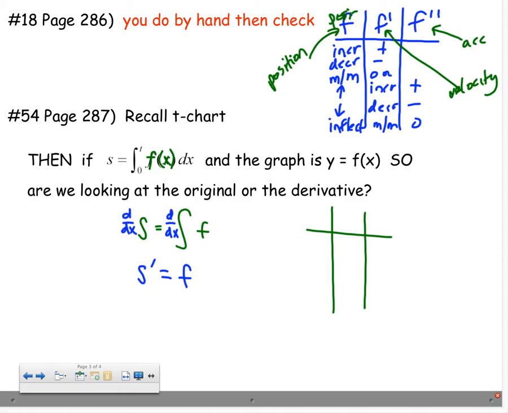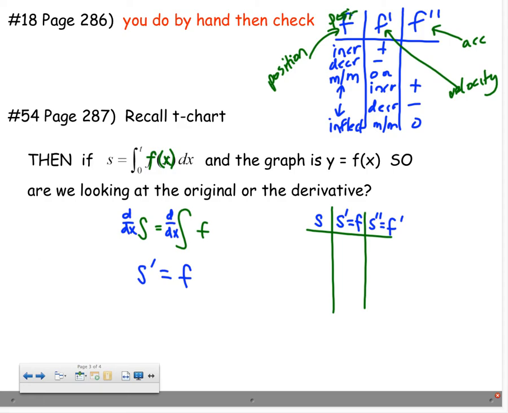So what is the relationship here? S prime is f. F is s prime. So as far as where to put these, s prime is here, which is f. That means s is here. And we could call this s double prime, or we could call it f prime.